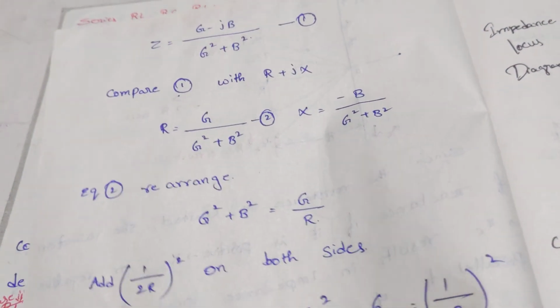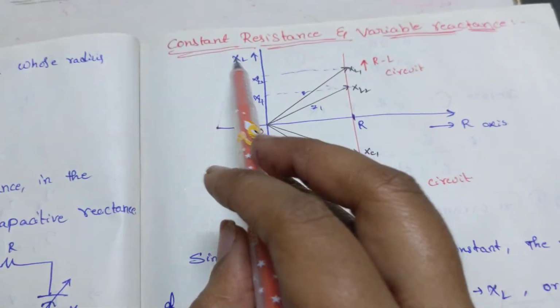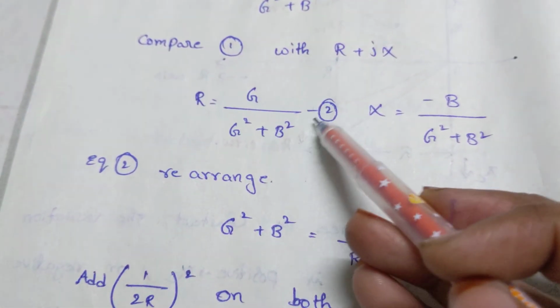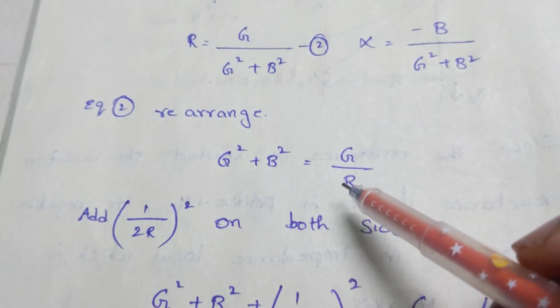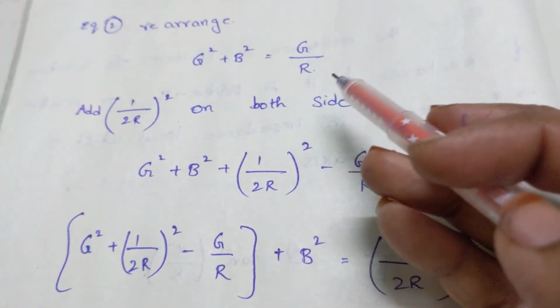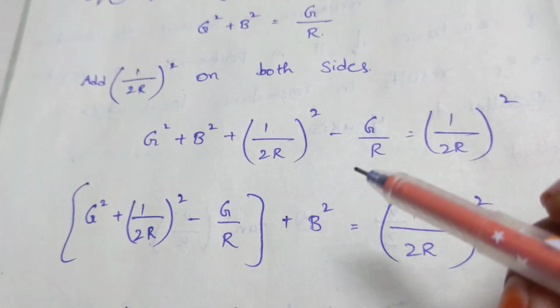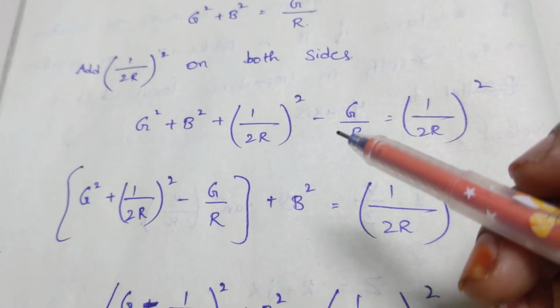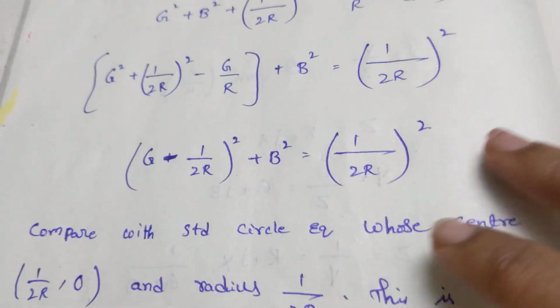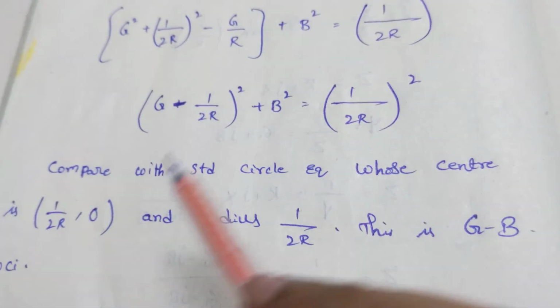From this, I know the constant resistance, so I choose expression number 1 and rearrange the terms. To get a standard circle equation, I add (1 by 2R) whole squared on both sides and make it a standard circle equation.